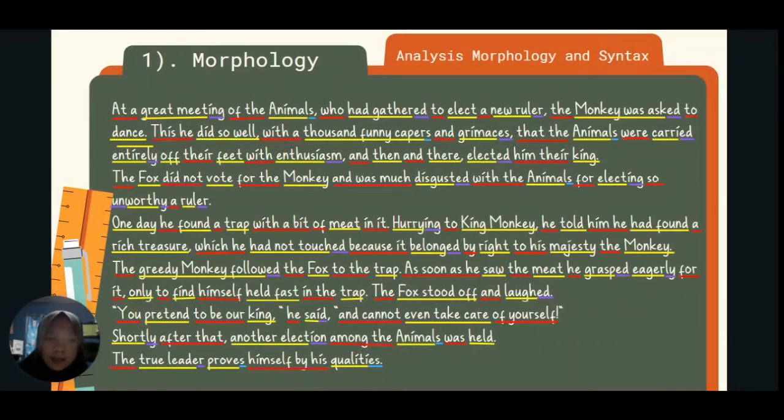As you can see, I have underlined all the words in this story in various colors. Words with red underlines are words that are included in functional morphemes. Why? Because they are words that can stand alone but cannot explain the content to be conveyed.